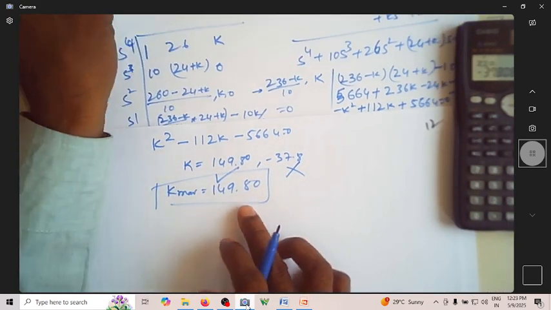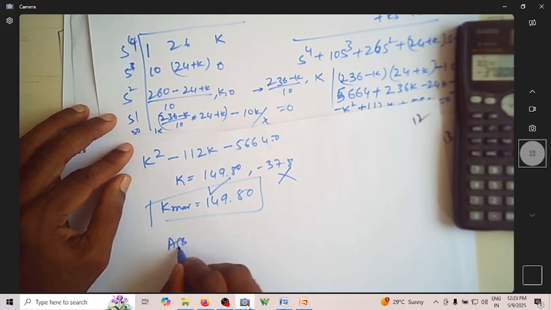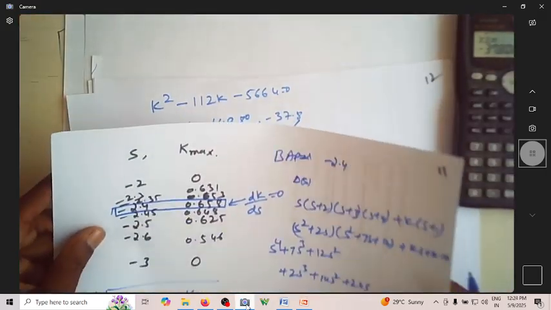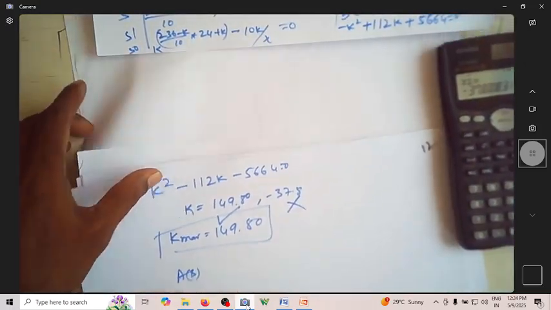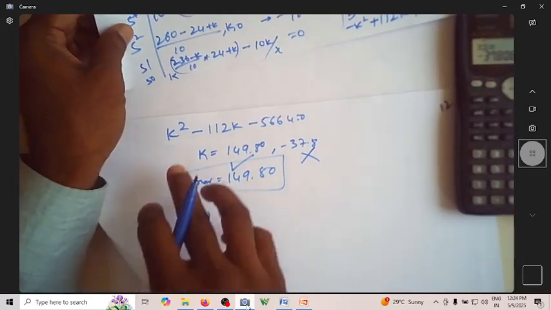With this value of k marginal, if you write the auxiliary equation, what is it?